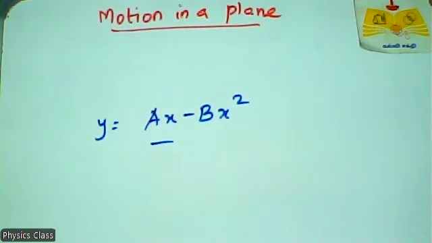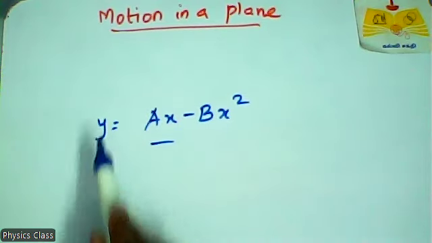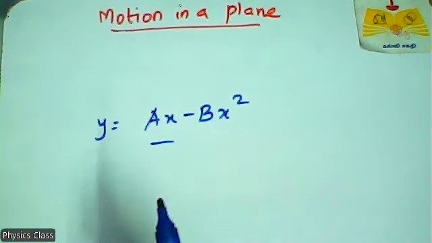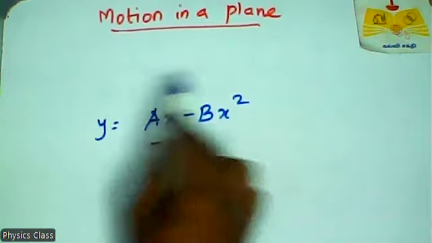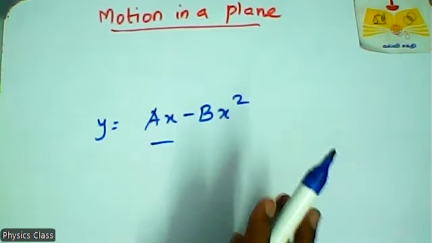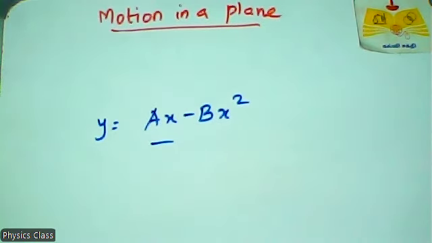So this is the equation for a parabola. Suppose an equation becomes like this, that equation belongs to a parabola, that path belongs to a parabola.